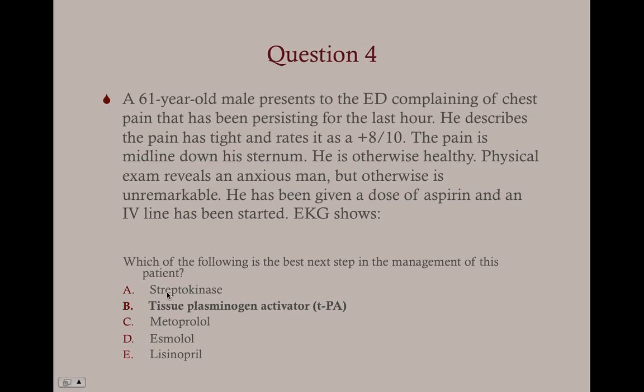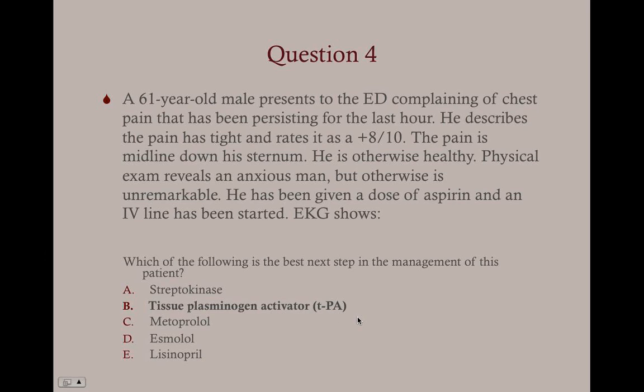So remember, both streptokinase and TPA are clot busters, but we prefer, if we have the choice, to use TPA because if the patient has been given streptokinase before, we don't have a medical history on this guy, but if he had been given streptokinase before and you gave him streptokinase again, he can have an immune response. And so if we have the choice, we want to use TPA.